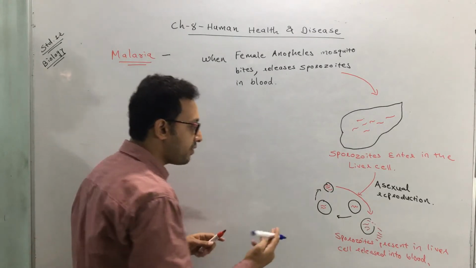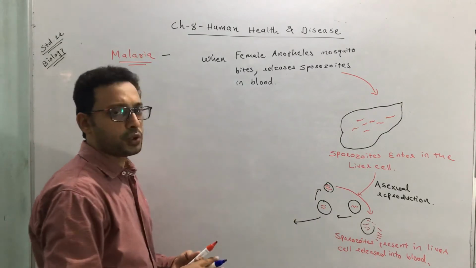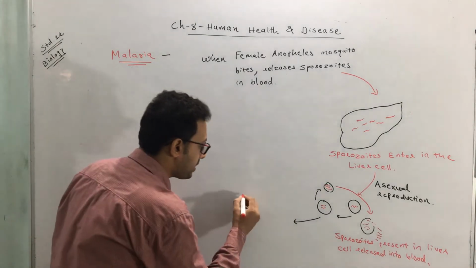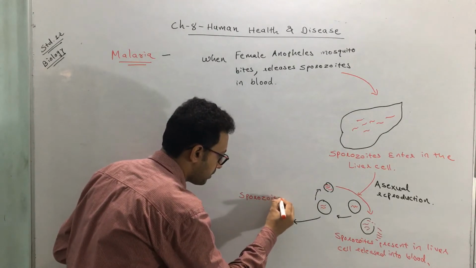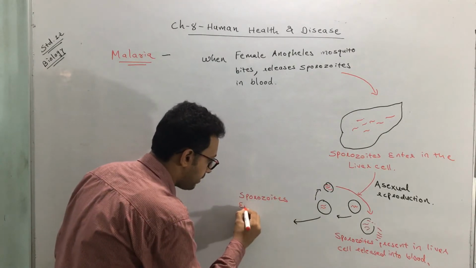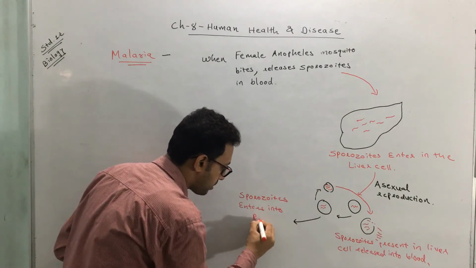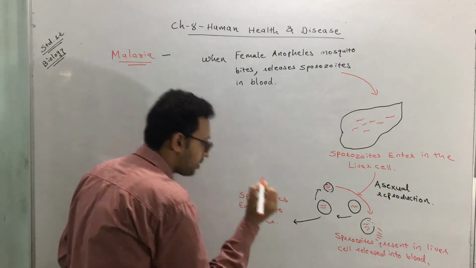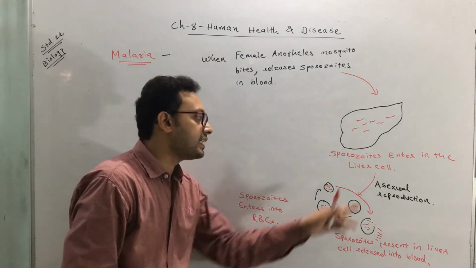Okay, in the blood, now we know the composition of blood. In the blood, the sporozoites enter into RBCs. Okay, and so what happens? It also ruptures the RBC in the same way.